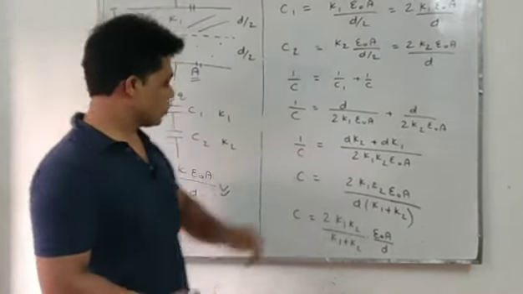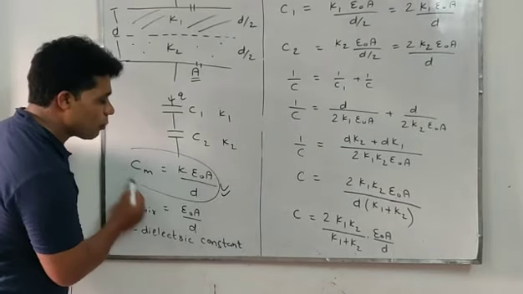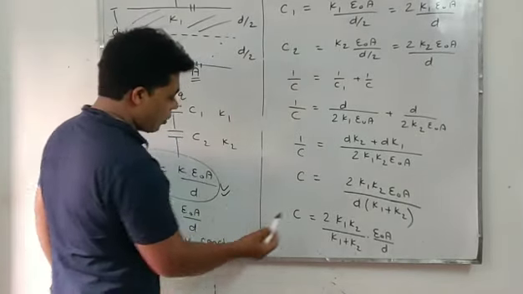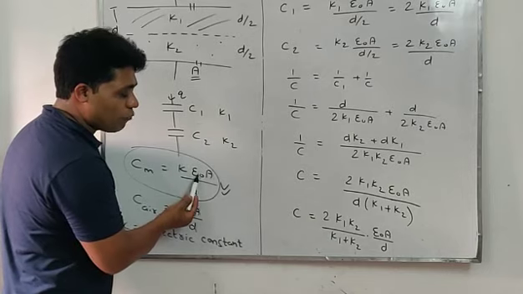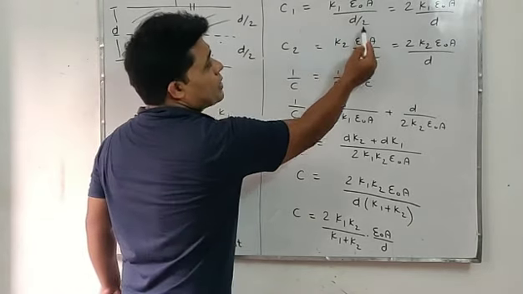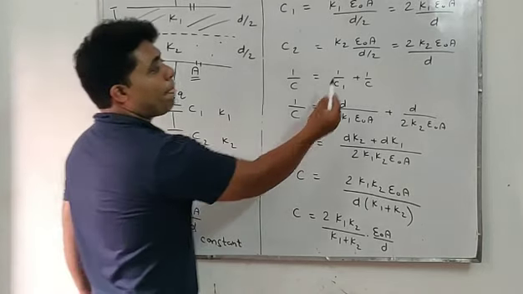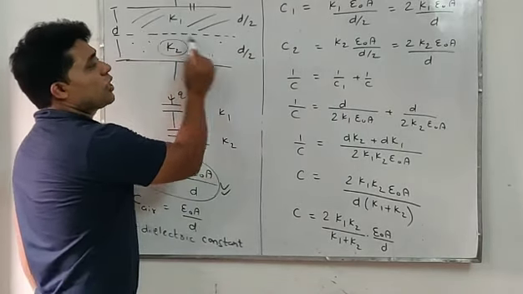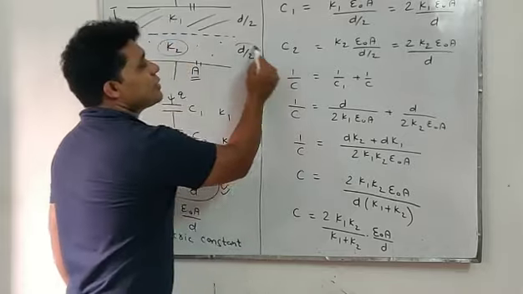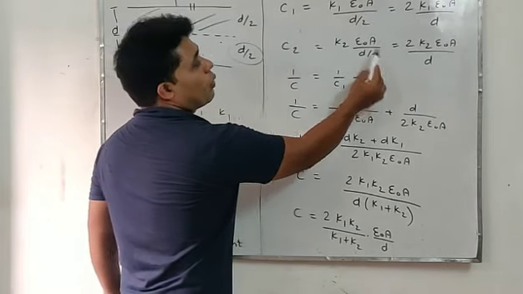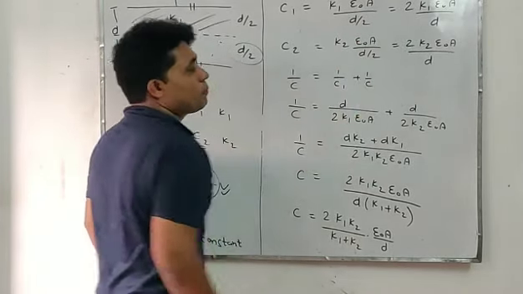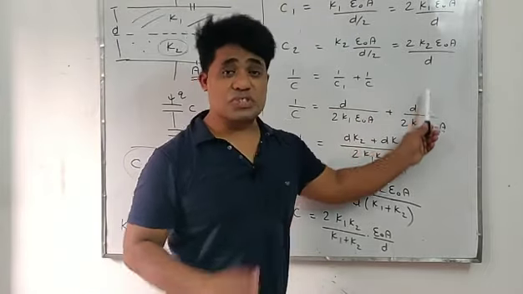On account of this formula, C1 will be K1 epsilon A and separation is D by 2. Similarly, C2 has dielectric constant K2, so K2 epsilon A and separation D by 2. The 2 comes in multiplication. So this is C1 and this is C2.